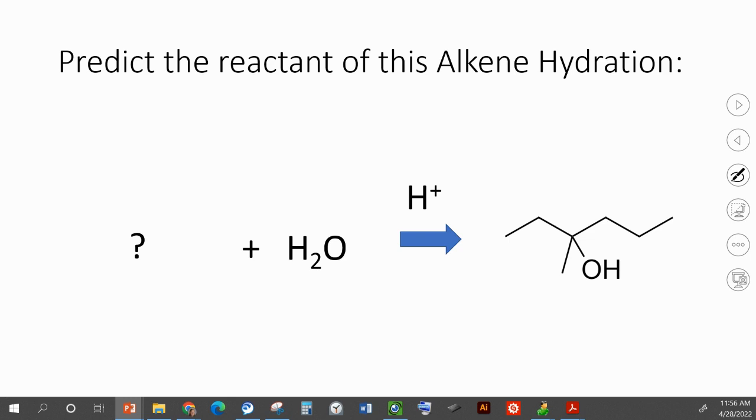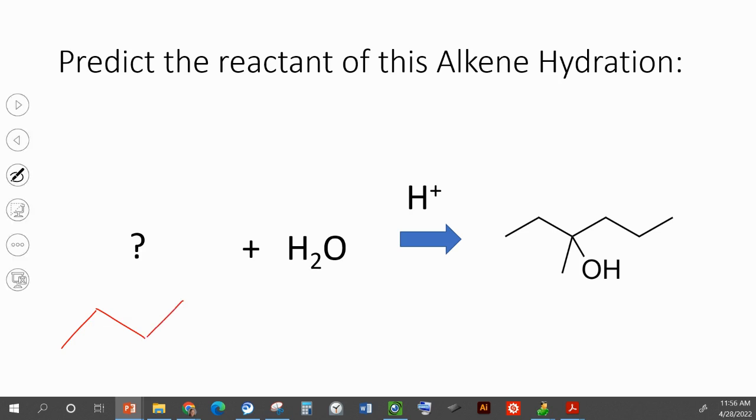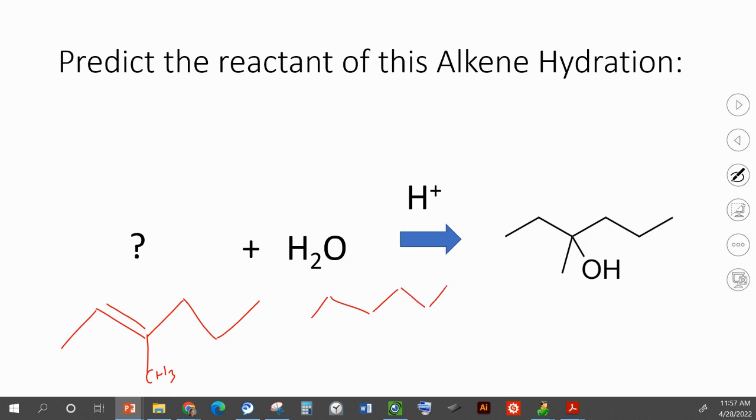Good. So we could do it like this. Could it also be between 3 and 4? Yes. So we would have a methyl group here, CH3. So we could either have this, or we could have it over here.